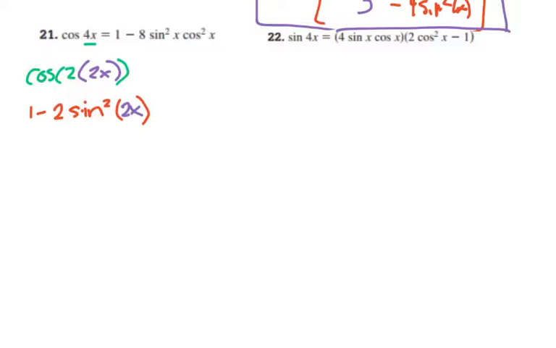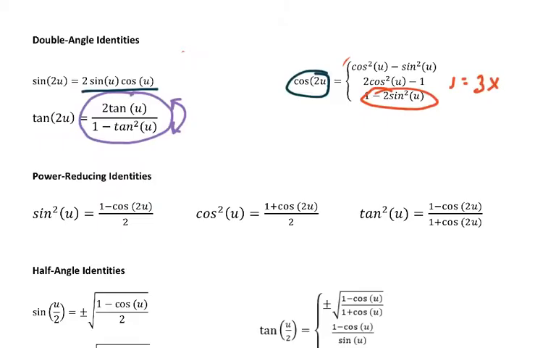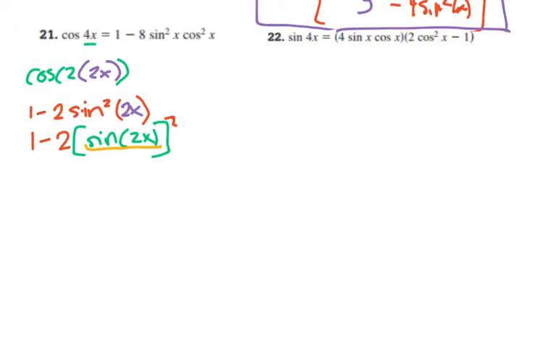Then we have to remember this shorthand idea that sine squared of 2x can actually be written as sine of 2x, the quantity squared. And so officially I can rewrite this piece, sine of 2x, using its identity over here of 2 sine of u cosine of u, or whatever the variable is.